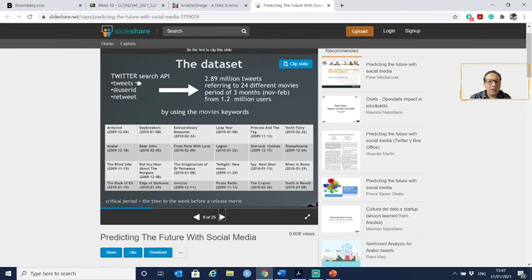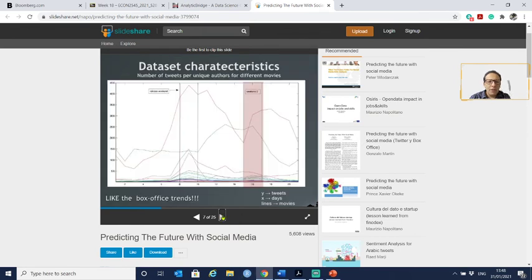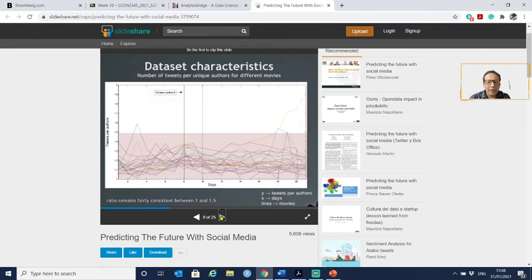They use, for instance, a Twitter search API, which is the way in which you can pull information from Twitter or from Facebook. This is a protocol, and then they download the tweets from many people referring to 24 different movies. These are the results, and obviously with those results from those movies, they are able to calculate, for instance, the release and the impacts of these films in reality.